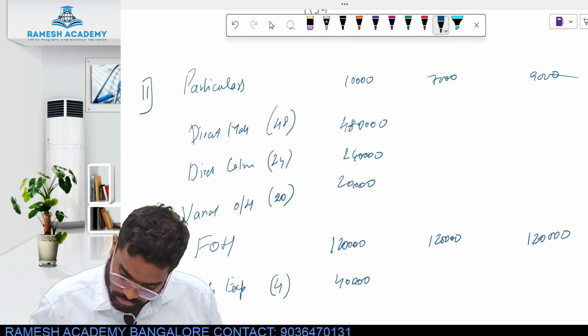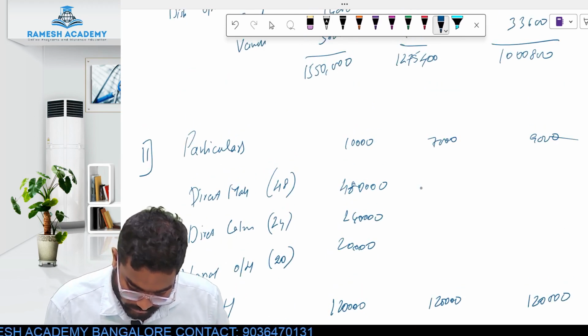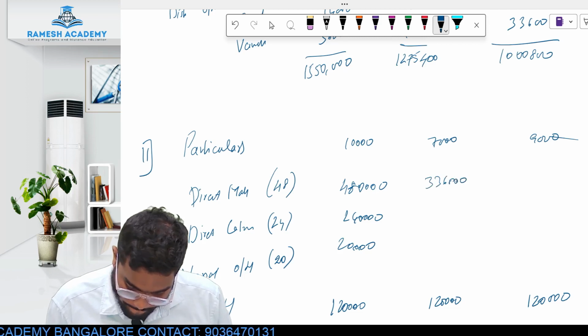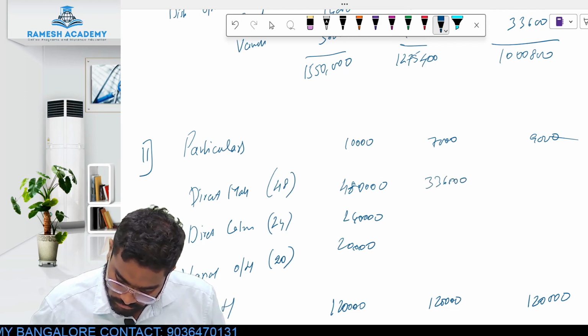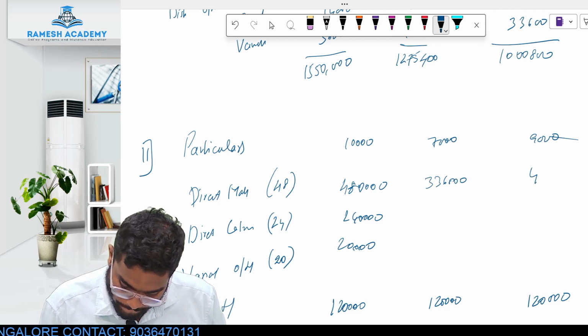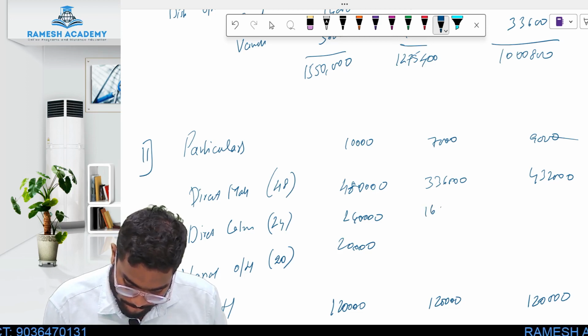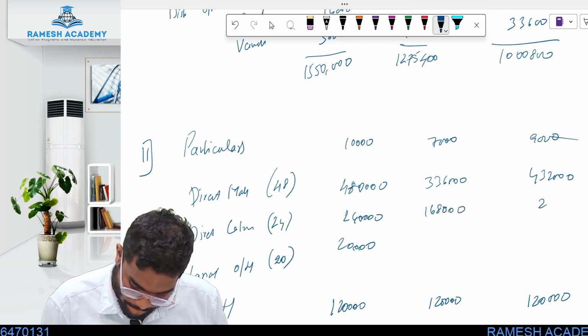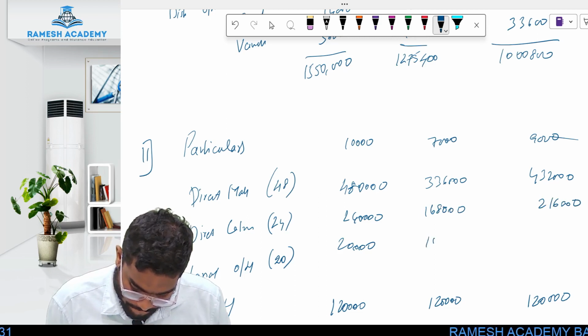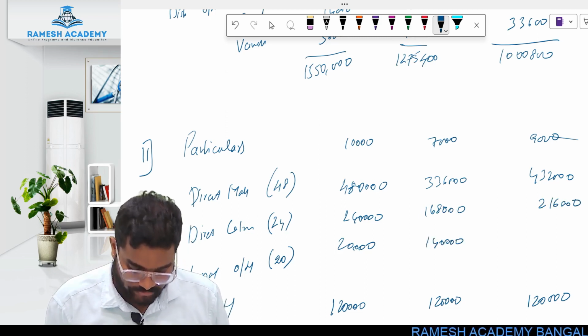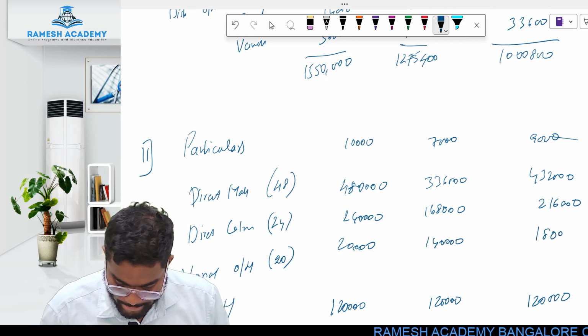Here 7,000 into 48, 3,36,000. 9,000 into 48. One lakh 47,000 into 20 is 1,80,000.